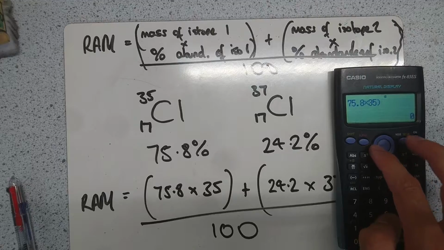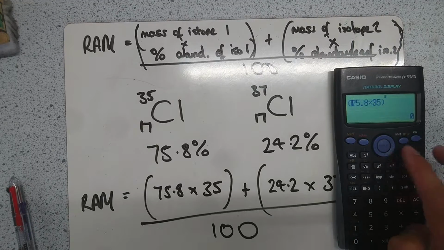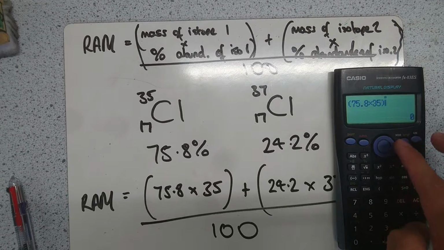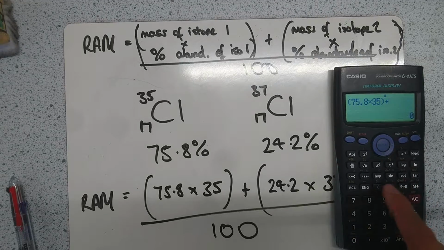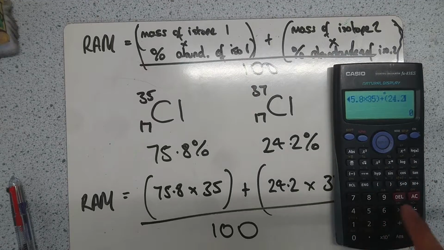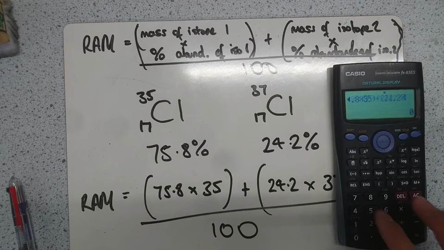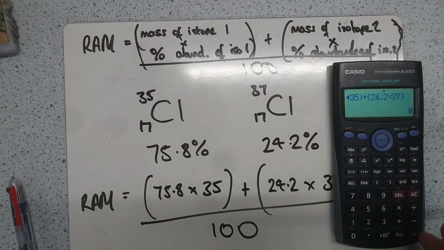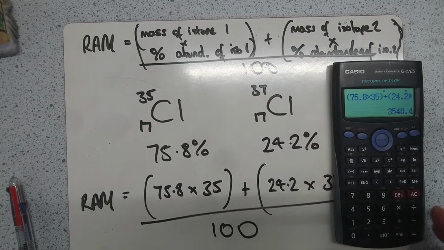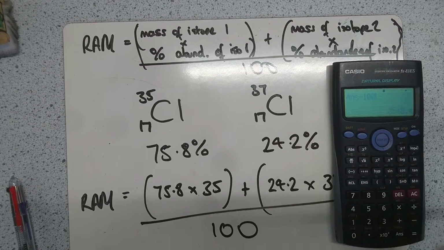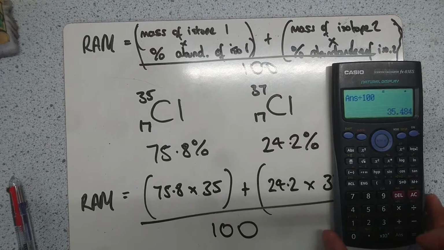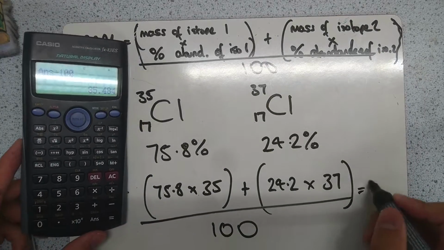Just put that into brackets, otherwise I'll get it all messed up later. Plus, open my brackets, 24.2 times 37. Close brackets. That gives me 3,548. That is not going to be the relative atomic mass. I'm going to divide that by 100 to give me 35.48.